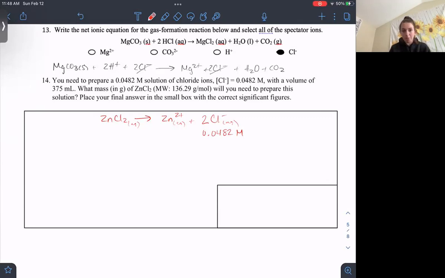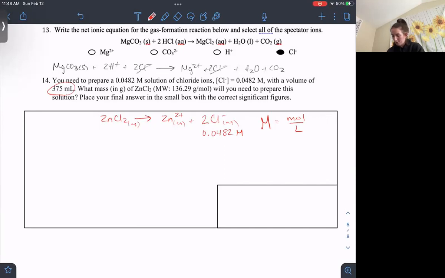The thing to remember is that molarity, or the capital M, is equal to moles over liters. So if we know that we have 375 mL and we know our concentration, we are able to determine how many moles of chloride ions we need at the very end. Does that make sense of how we can get to moles?